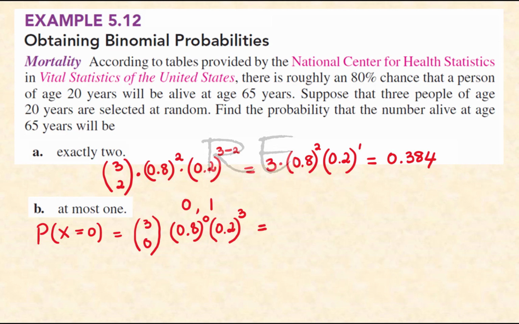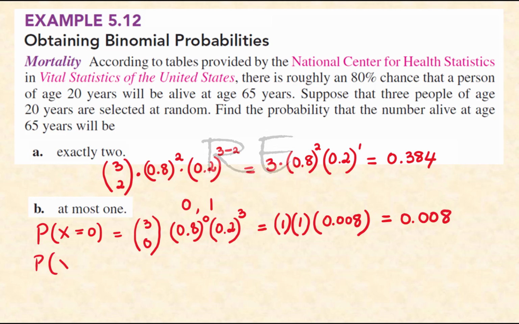So it's 3 choose 0, which is 1, times 0.8 to the 0 power, which is 1, times 0.2 cubed, which is 0.008. So the final answer is 0.008.